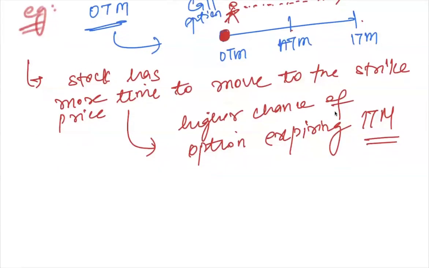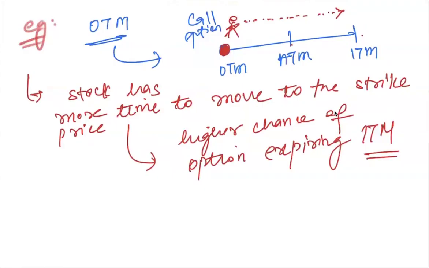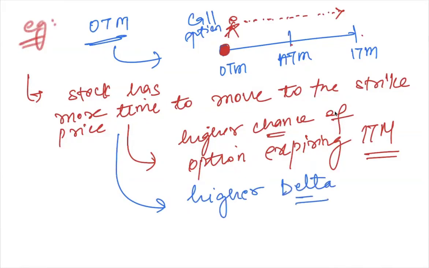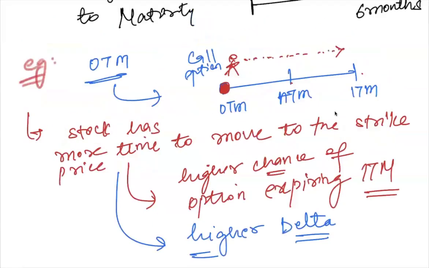Okay. And similarly, when it has a higher probability of expiring in the money, can we say that it has a higher delta? Can we say this?